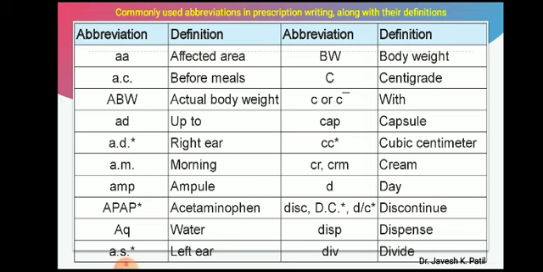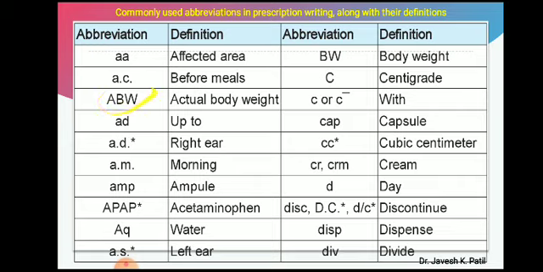Then ampoule, AMP for ampoule. Then capital APAP is acetaminophen, that is the drug, and its shortcut is used. Another one, very popular and known to us, is AQ, aqueous means water. Okay, BW, body weight.